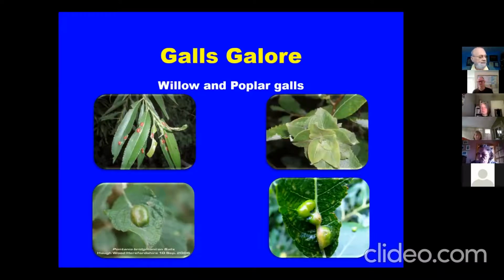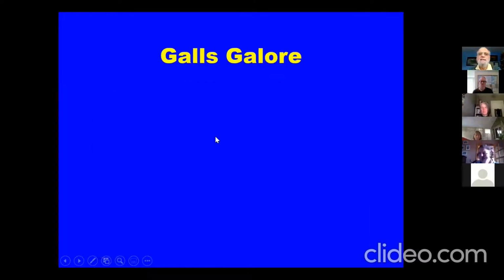And below that is Rabdophaga rosaria, also on goat willow. And bottom left is Pontania bridgmanii. Now, bridgmanii and proxima are sawfly galls. So there's sawfly larvae inside those. They don't pupate in the gall, they fall out of the gall and pupate in the soil beneath the trees.